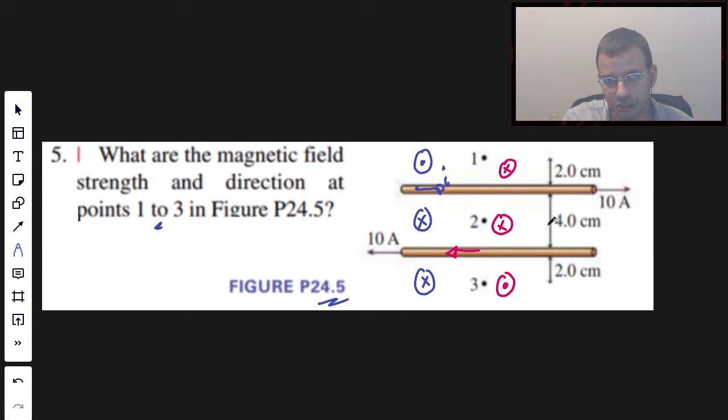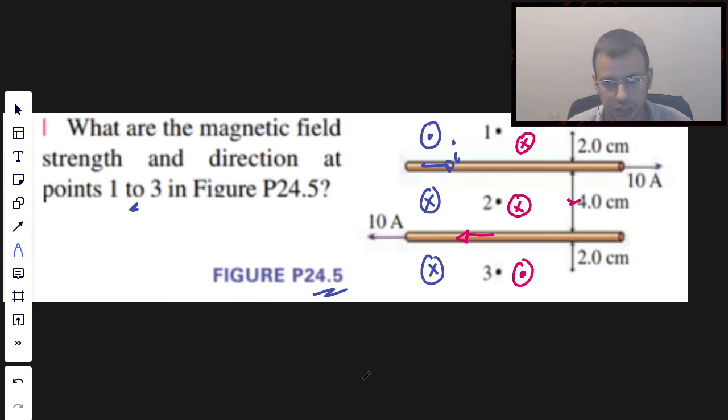I'm going to assume that point 2 is halfway between the two wires.